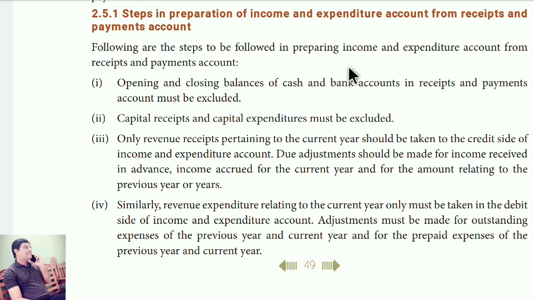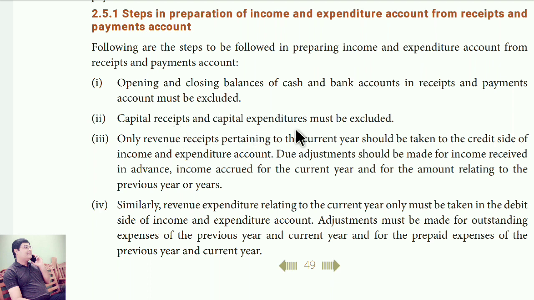Following steps should be followed while preparing the income and expenditure account. See the first one, opening and closing balance of cash and bank account in receipts and payment account must be excluded. What do you mean by excluded? No need to write. So opening and closing cash and bank balance you should not write in the income and expenditure account.